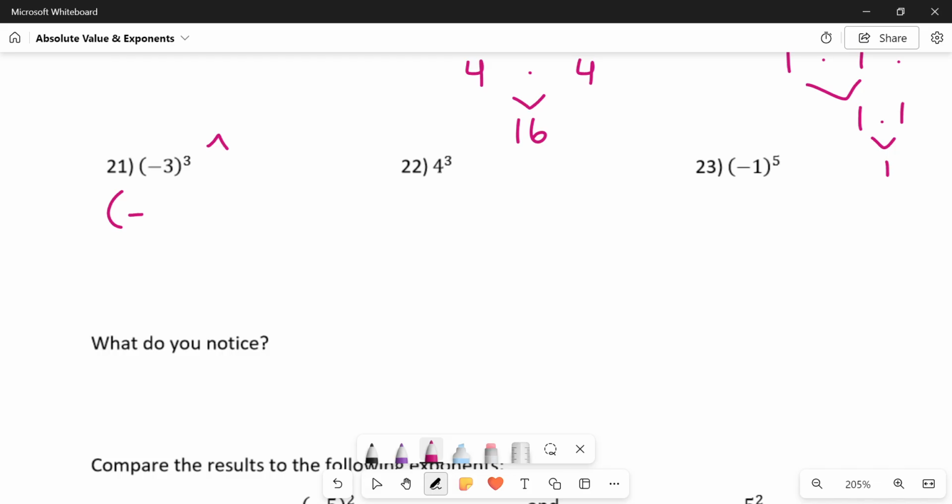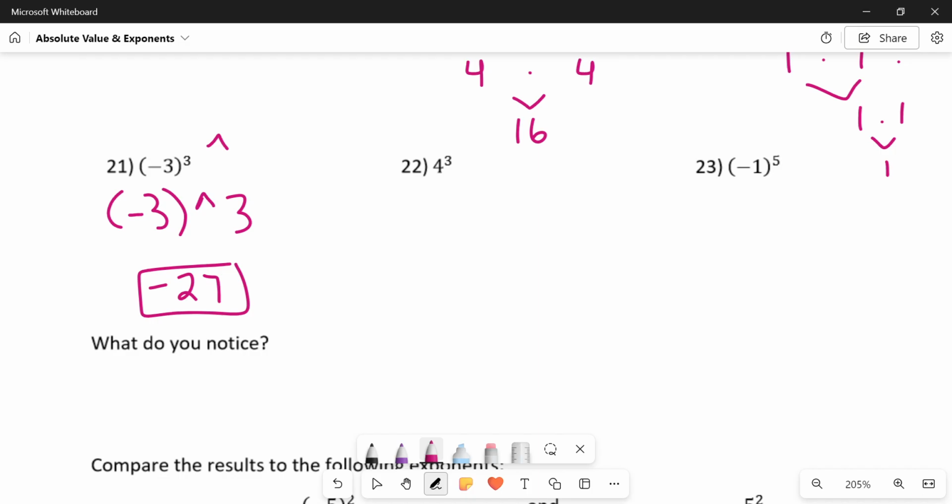The negative sign is the white button under the 3. So negative 3, other parenthesis, caret 3. And when we type that in our calculator, we get negative 27. The parentheses are so important. When you see parentheses, you type parentheses.